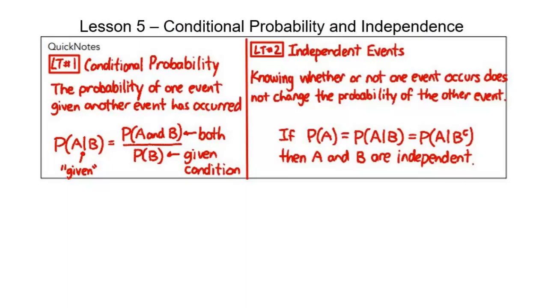Right. Flipping it over. Page 13. Conditional probability, the probability of one event happening given another event has occurred.